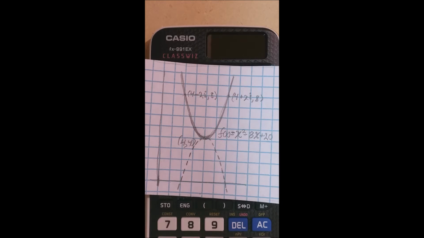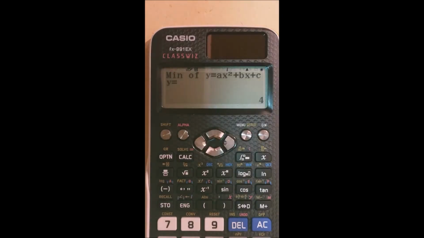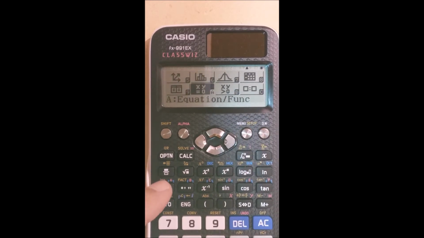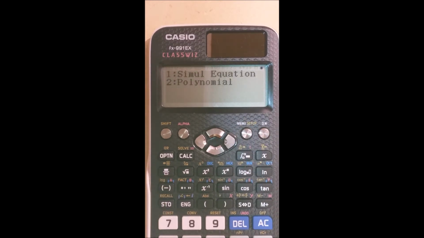So, take care of this. I'm going to go menu again, hit the A key, and I'm going to go with polynomial 2, and I'm going to select 3.